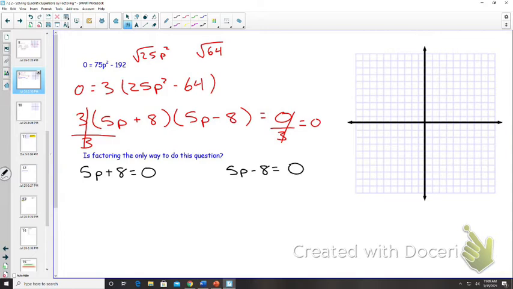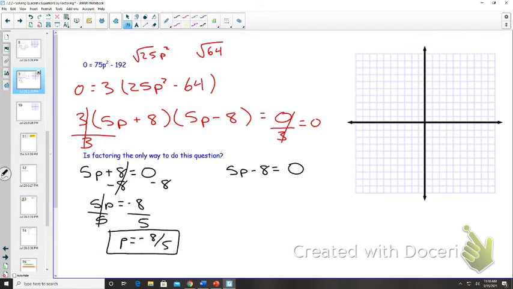Nope, you're jumping too far ahead, Cody. If we subtract 8 from both sides, now we have 5p is equal to negative 8. How are we going to get that p by itself? Divide by 5. So p is equal to negative 8 over 5.